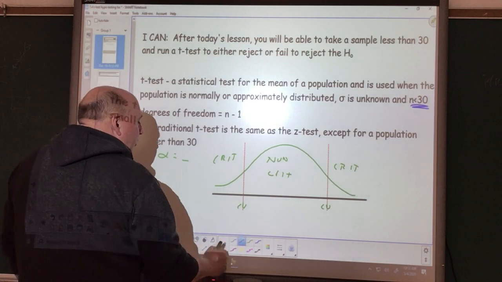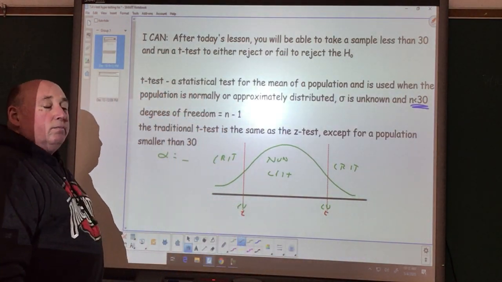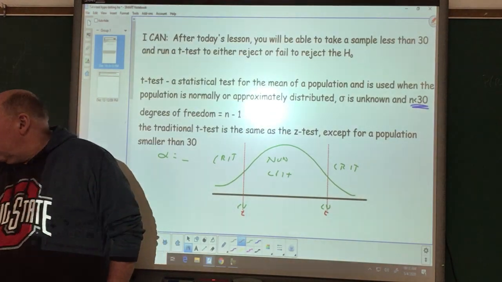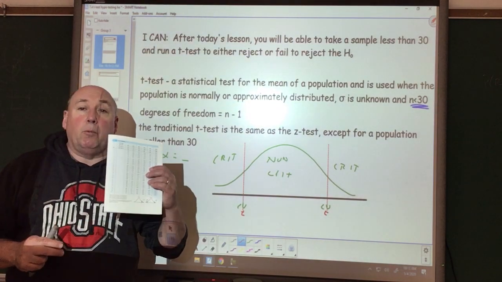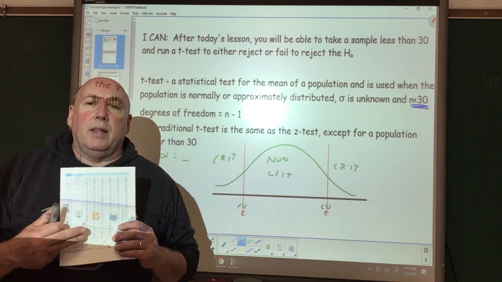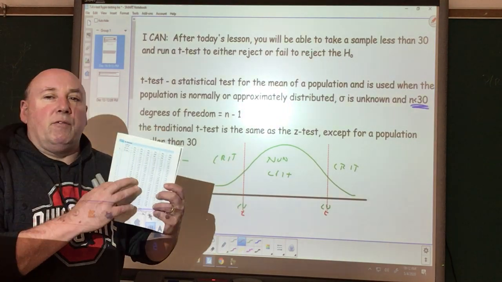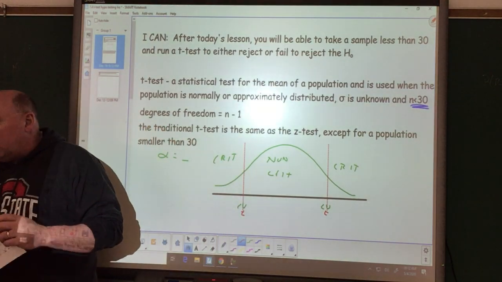But now this is going to be a t value rather than a z value. That's the only thing that's different. And if you look at your t-table, once again, the t-table is probably one of the most important tables that we will work with in this class because of the amount of information that you can pull off the t-table.